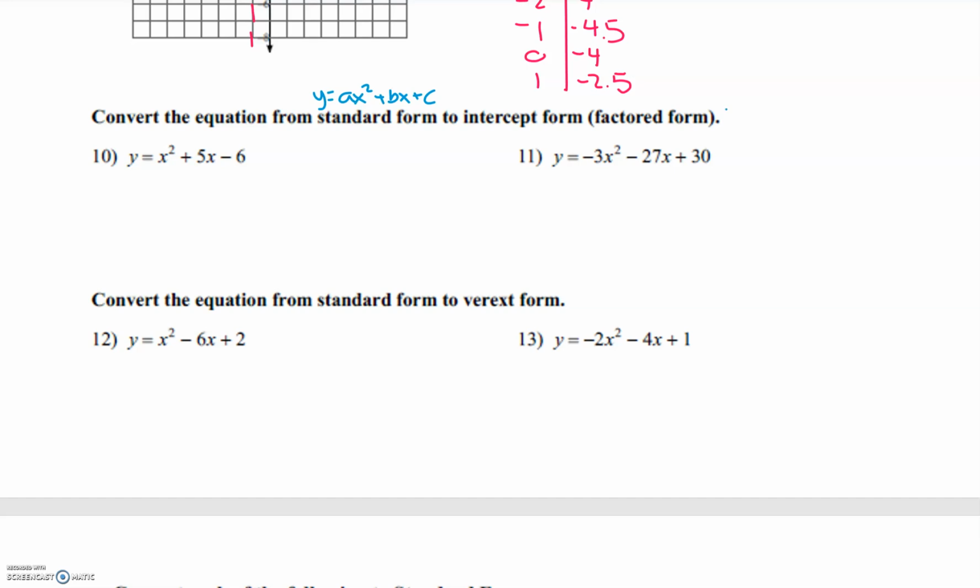So it's going to need to be written as y equals a times (x minus p) times (x minus q), where when we set those factors equal to 0, we get our x-intercepts. So if we are going to intercept form, that means factor. So we need to factor these.